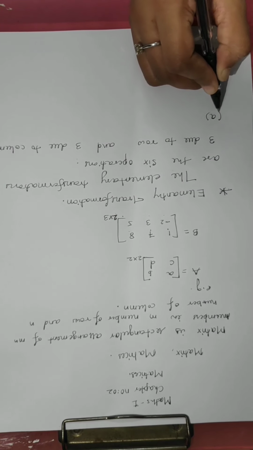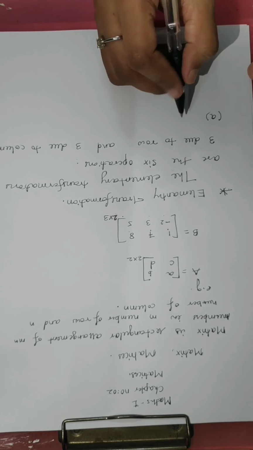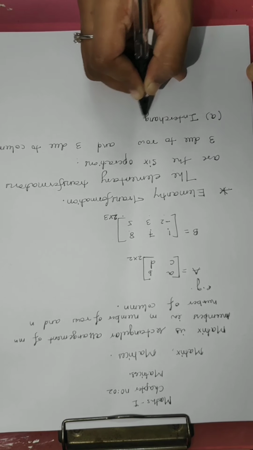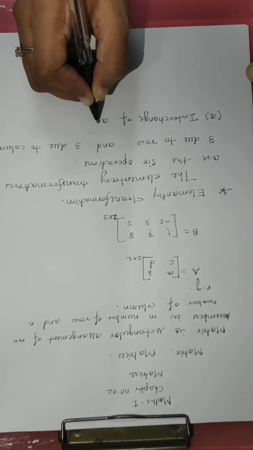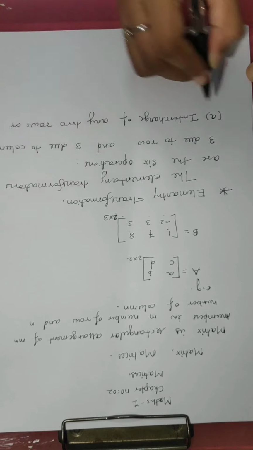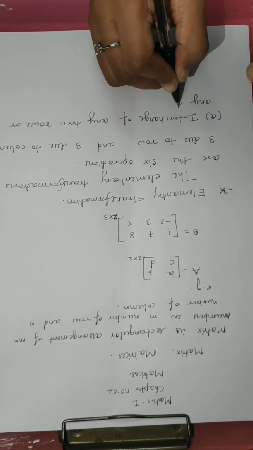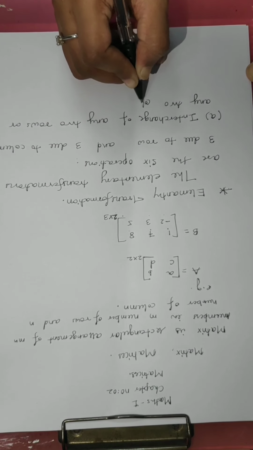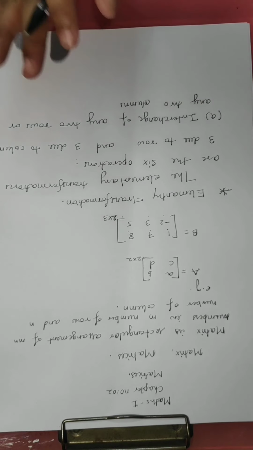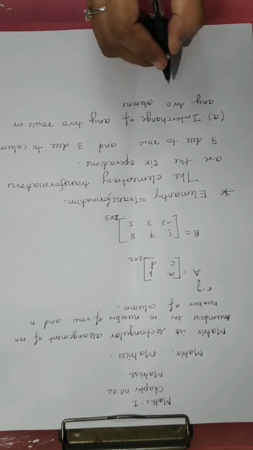So first we will say, interchange of any 2 rows or any 2 columns. What is that?